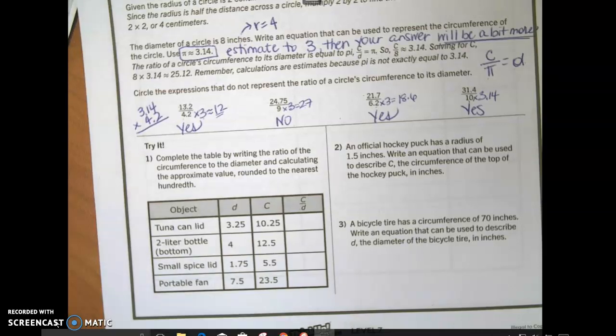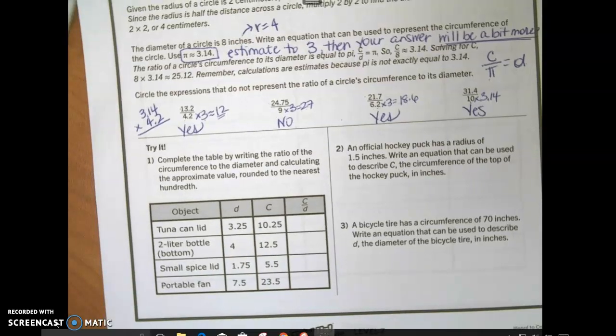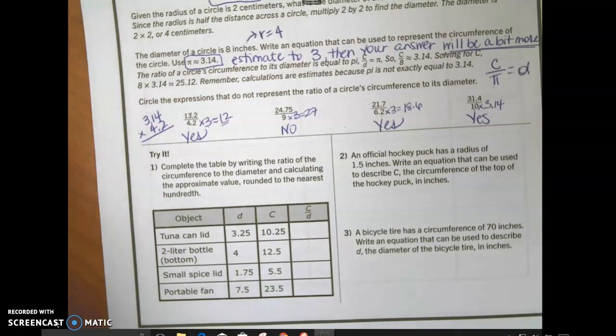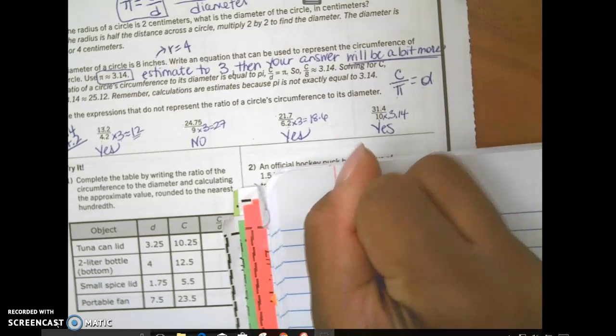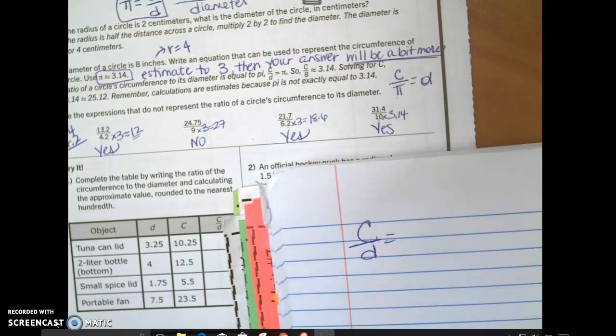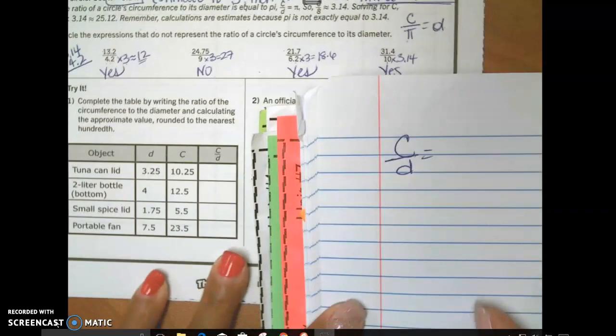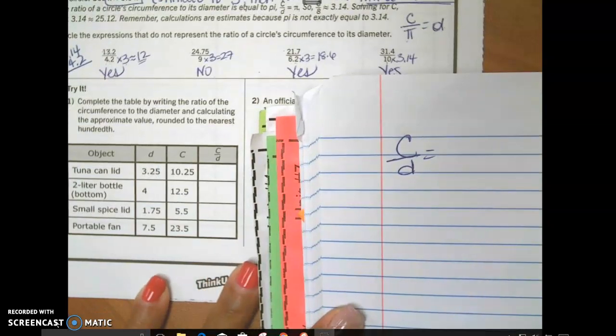So, in your notebook, somewhere where you got some space, let's calculate. C over D. Who's C? What's it equal to? 10.25.